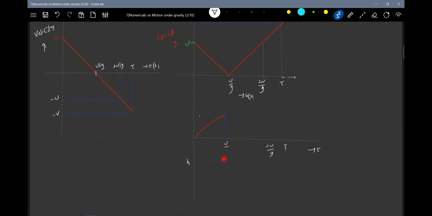Usually we have a practice of plotting acceleration, deceleration. No. Here the curve, this is the curve. So this is the 2u by g.